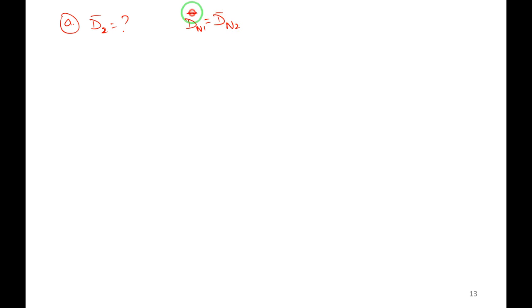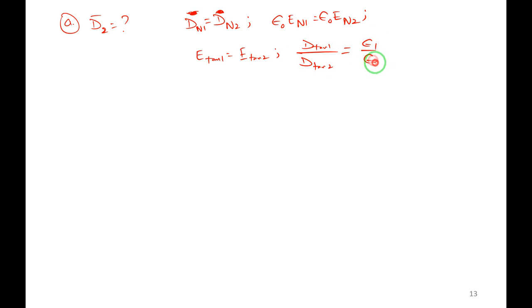Let me write in terms of magnitude first: epsilon naught En1 equal to epsilon naught En2. This is the normal boundary condition. Then tangential: E tan 1 equal to E tan 2, and that gives D tan 1 by D tan 2 equal to epsilon 1 by epsilon 2.